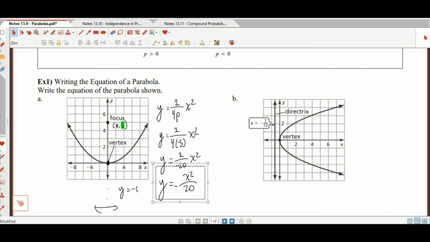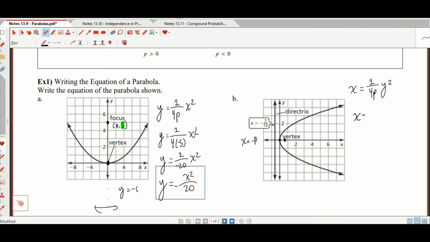Okay. Now this one has a horizontal axis of symmetry, which means it's going to take the form x equals 1 over 4p y squared. Now for p, we can't see the focus, but remember, the directrix is at x equals negative p, and since it's at x equals negative 7/12, the focus we're assuming is at 7/12, 0.